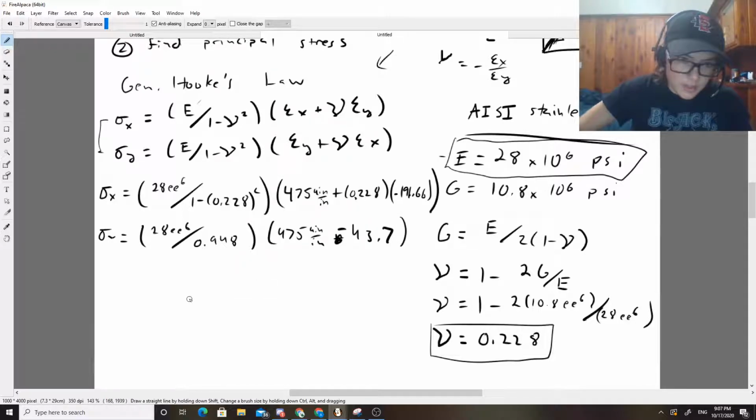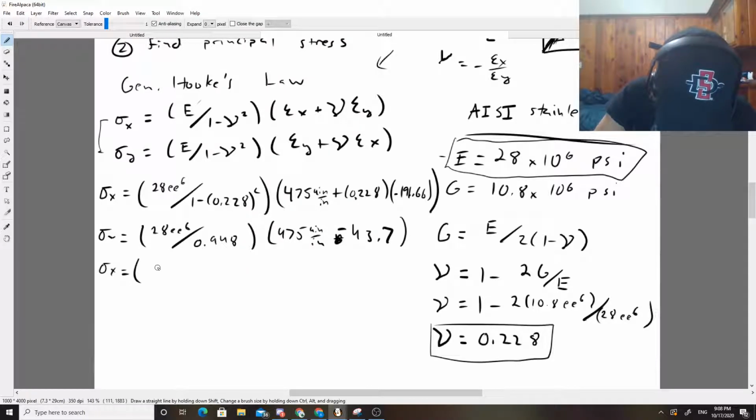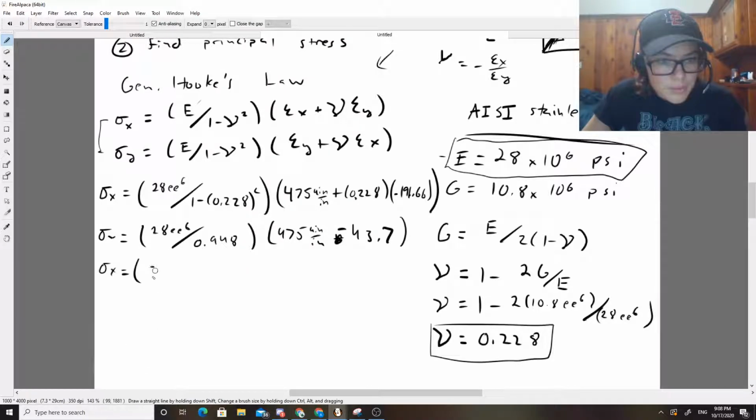Now, we'll go ahead and reduce this more. 28 E to the 6th divided by 0.948 is going to give us a super big number, which is like 2.953 E to the 7th, multiplied by 475 microinches per inch.